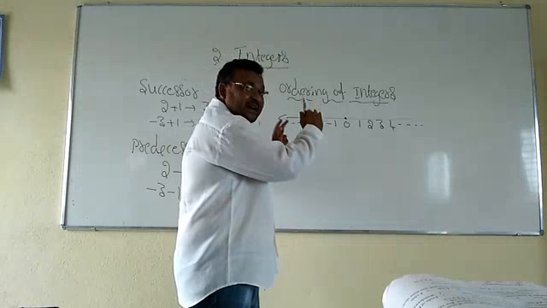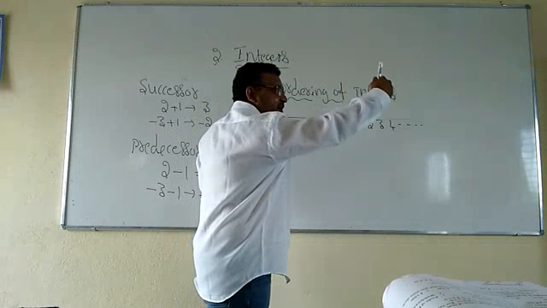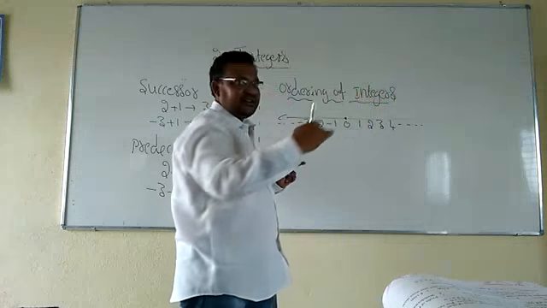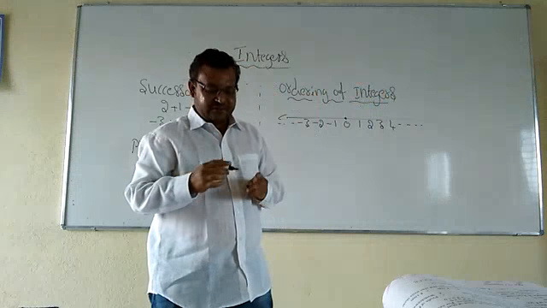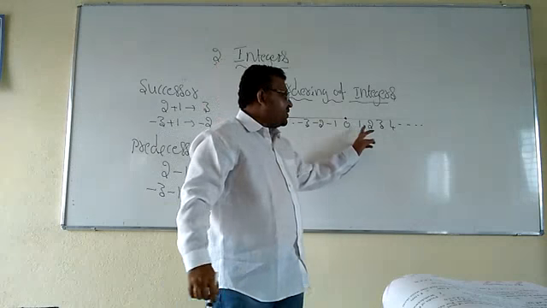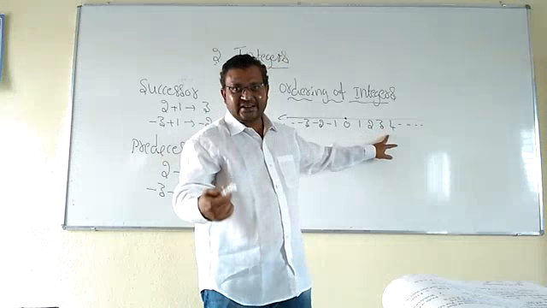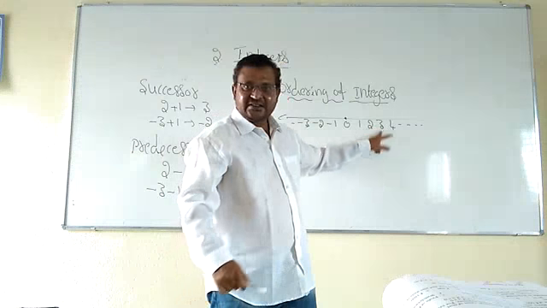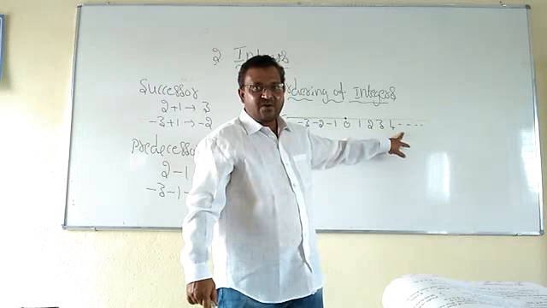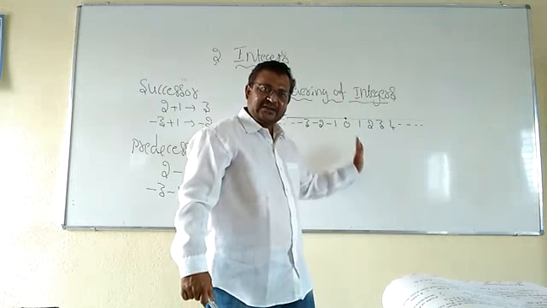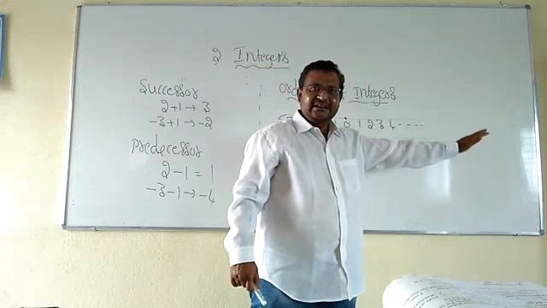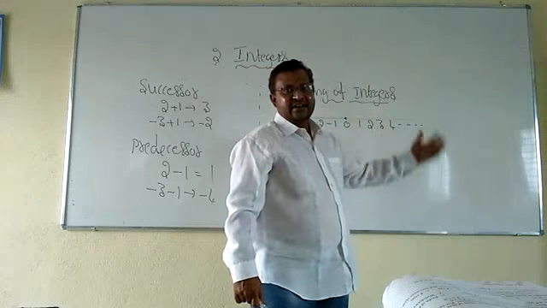If we are moving step by step to the right, each and every integer is greater than the previous one. Observe 2. Go to the right of 2. 3 is greater than 2. Next, go to the right of 3. 4 is greater than 3. That means every right side integer is greater than the left side integer.